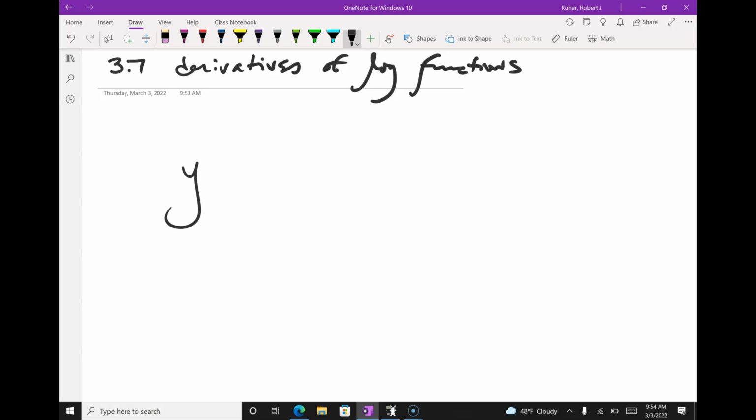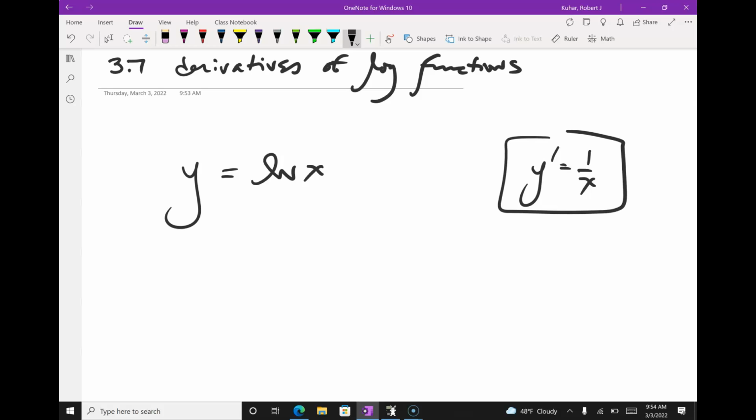So if y equals ln of x, we know the shortcut, right? The shortcut is what? Y prime is 1 over x, right? But how are we going to show that if we don't know how to take the derivative of ln?